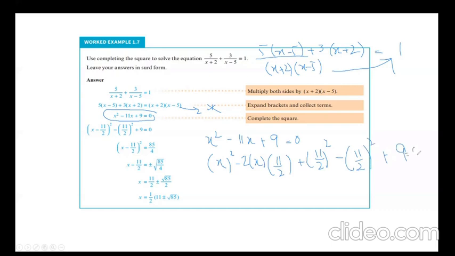So to make completing square, we add 11 by 2 whole square and then subtract it. So this is my a square minus b square, that is x minus 11 by 2 whole square minus this term. So this term, इस टर्म को हम इक्वेशन की उस तरफ ले जाएंगे, that must be 85 by 4 and this is square. By taking square root on both sides, we find that x equals 1 by 2 into 11 plus minus 85.